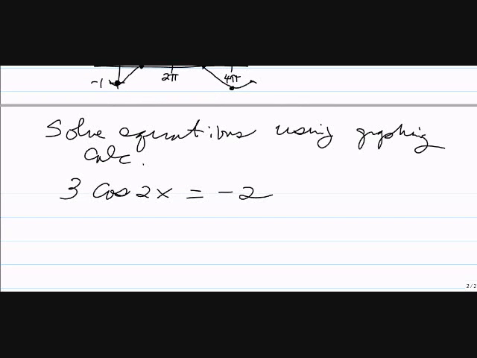This one would be kind of difficult to solve on your own, and it ends up being really difficult to solve, having to look at all the different answers. But what I can do is divide this up into 2 functions: y equals 3 times the cosine of 2x, and y equals -2, and graph these 2 functions.